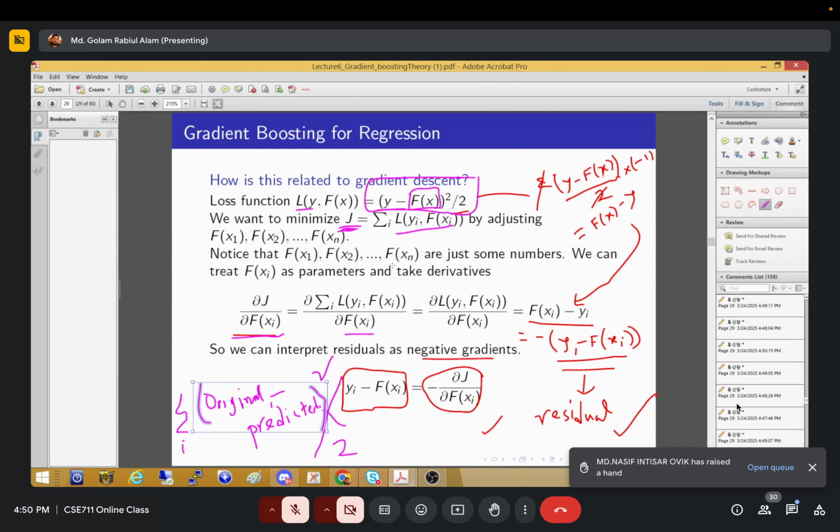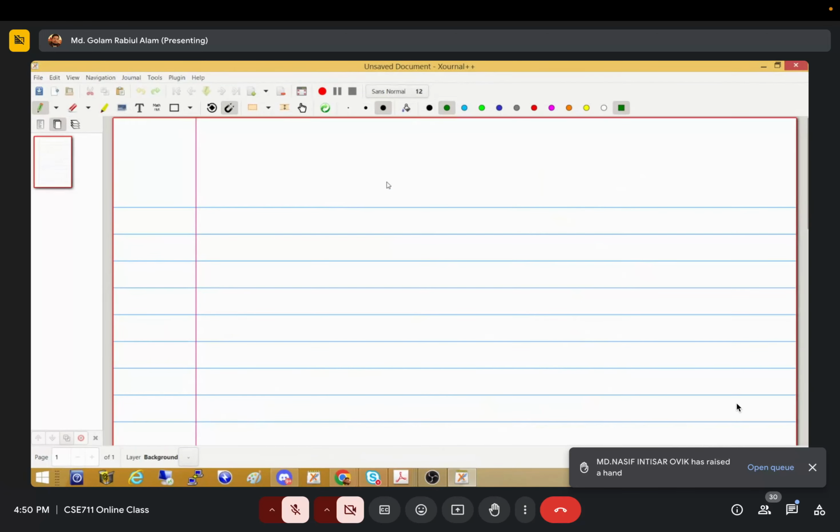But now if we take the derivative, the equation will be: here is y minus f of x, where this is the original value and f of x is the prediction, all squared divided by 2.